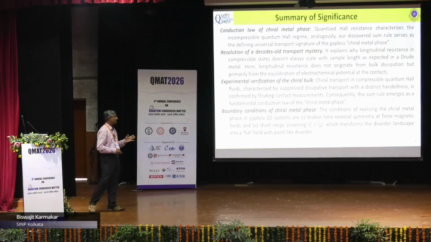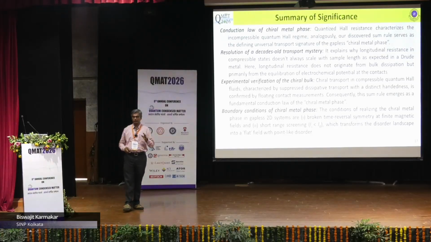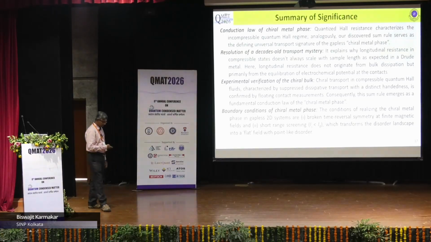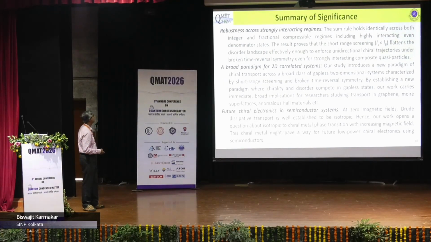I have explained this hierarchy of length scales. When you have short range screening and broken time reversal symmetry by magnetic field or any other means, you will get this 2D topological conductor. And then there is robustness across strongly interacting systems.